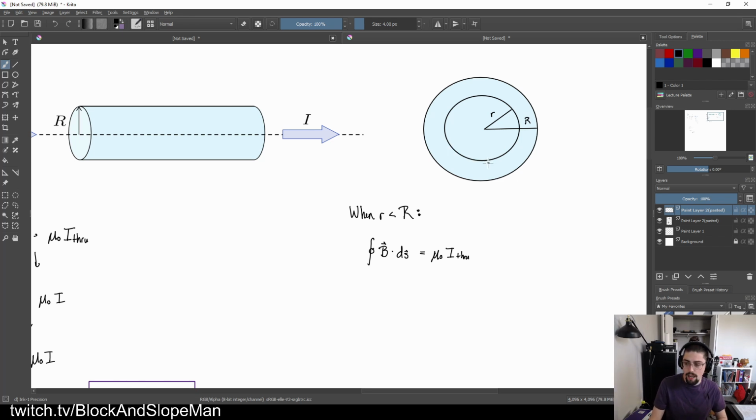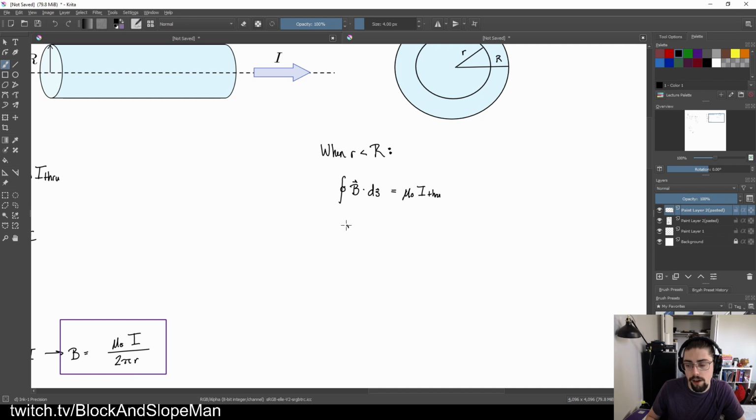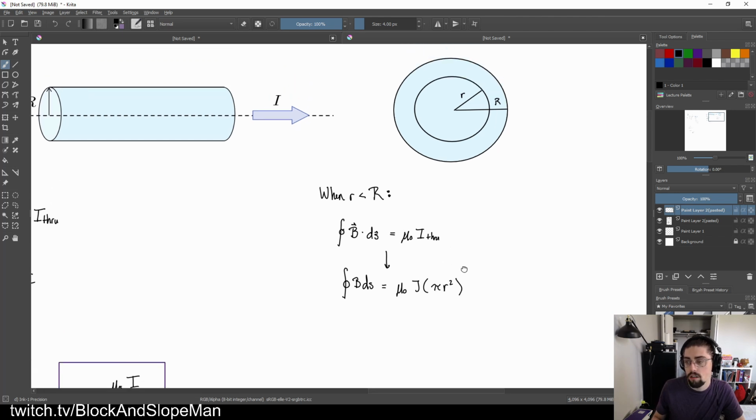The easiest way that I imagine to do that, and let me go through the same step-by-step order here. The dot product goes away first. So that's what's going on the left side. But over on the right side, what we would see now is that mu naught times the current density times however much of the cross-sectional area we actually have, pi r squared. Right?